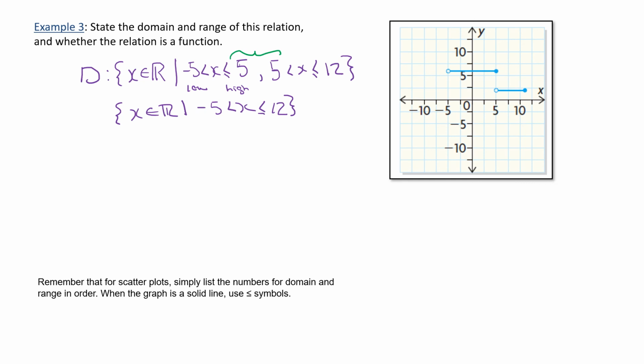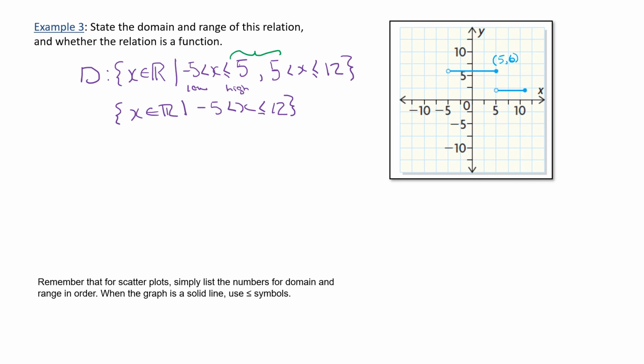Okay, the range are the y values. The y values that are in the range. Now take a look at this. There's hardly any. Because these are horizontal, these steps are flat lines. Let me put it in blue. Let me just put this dot right here, that one there, its coordinate is 5, 6.